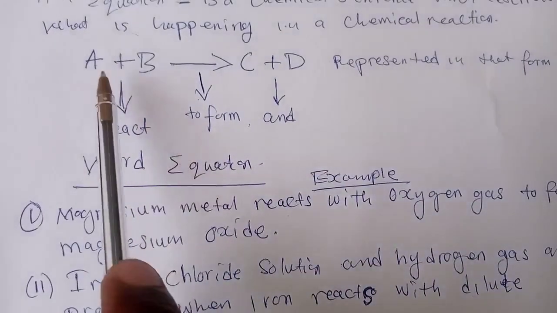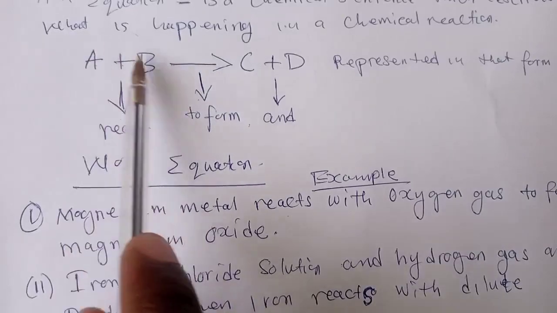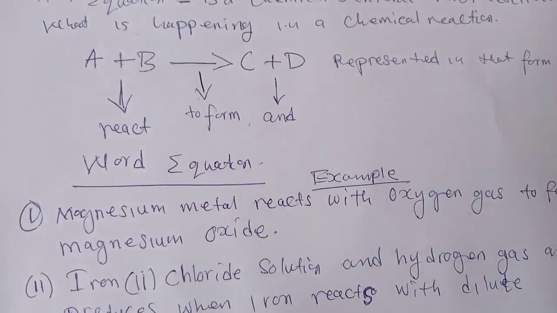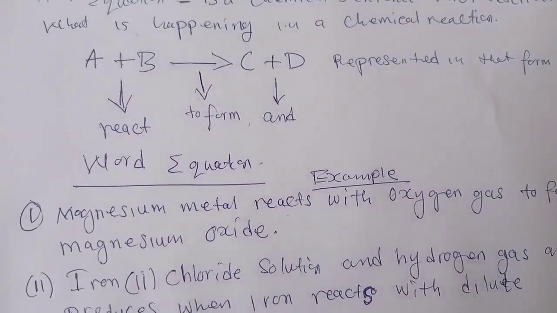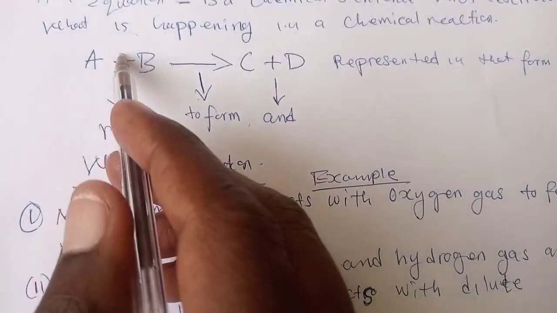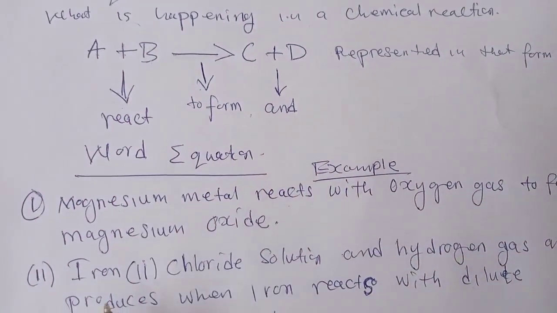We said that A and B, at the beginning of the equation, represent what? Reactants. So they are saying that iron 2 chloride solution and hydrogen gas are produced.